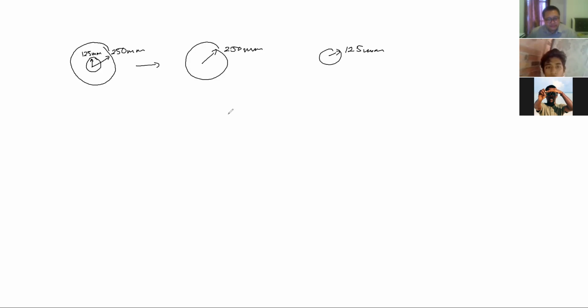If you look at this particular concept, if you want to determine the mass moment of inertia of this particular object, this donut object.